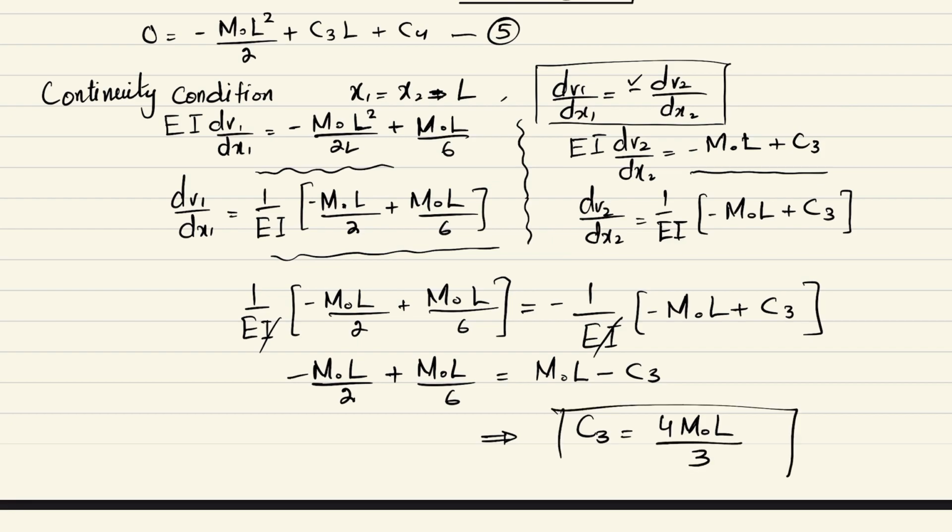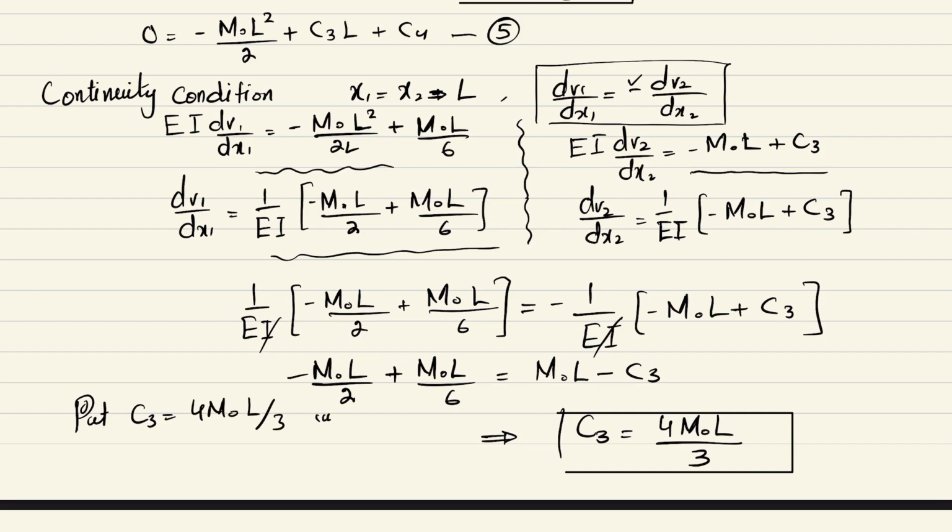Now you have this C3, you can put it in equation 5. Put C3 equal to 4 m naught L over 3 in equation 5 and simplify it. You will get C4 equal to 5 m naught L square over 6, and I hope you can do it easily.